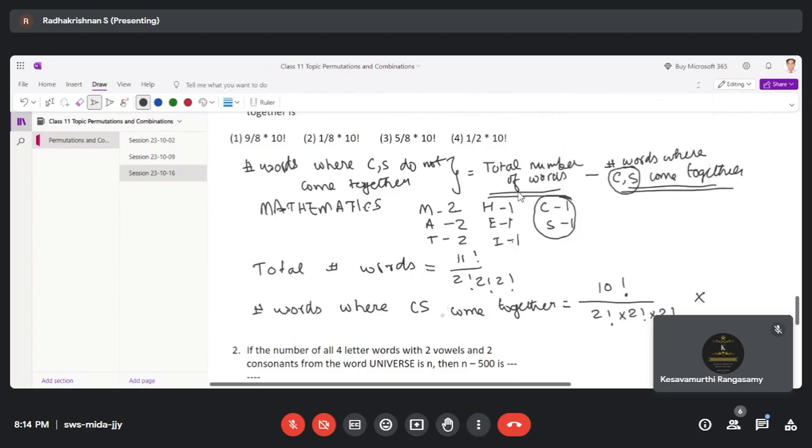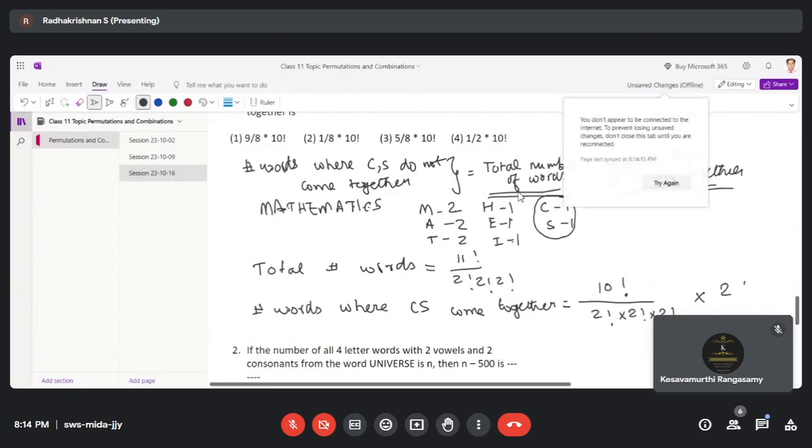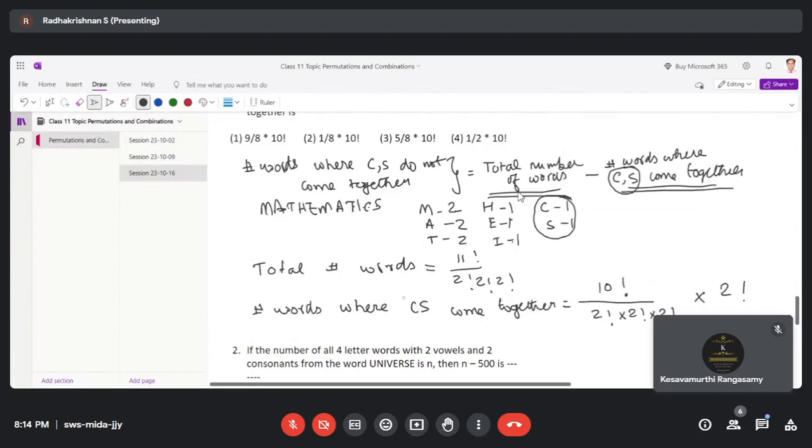Because here in all these combinations C and S come together, but we count CS and SC as two different words. So that is why we have to multiply by another 2 factorial, which is the shuffling of the CS itself, the 2 letters.